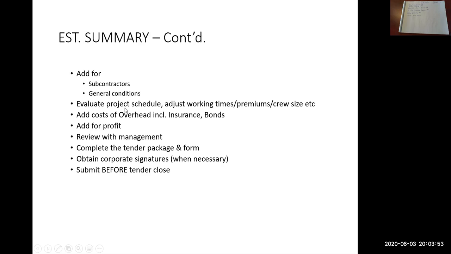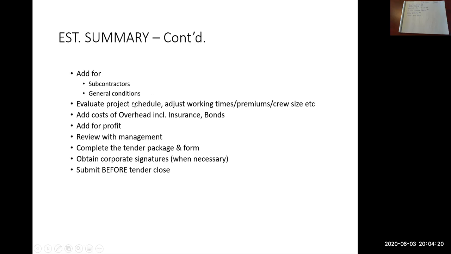So next thing to look at is project schedule. So based on your estimate and the productivities, maybe with a little bit of help from some senior people at your company where you work, you can produce a rough schedule on how long it's going to take to construct that project.